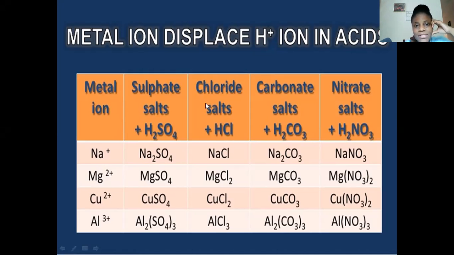Look here, chloride salts you get from hydrochloric acid. Carbonate salts you get from carbonic acid. And nitrate salts you get from nitric acid or nitrous acid. All of these are the metals you can use, and you replace the hydrogen.